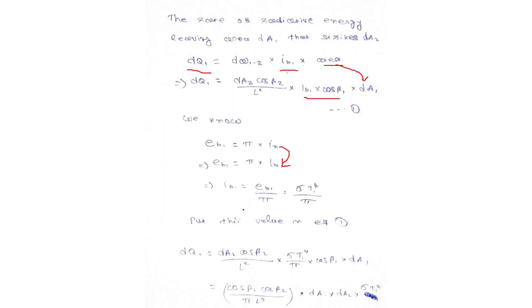So here we derived the equation for IB1. Now put this in equation number 1, and we will get this equation. Further theory we will discuss in our next lecture. Thank you.